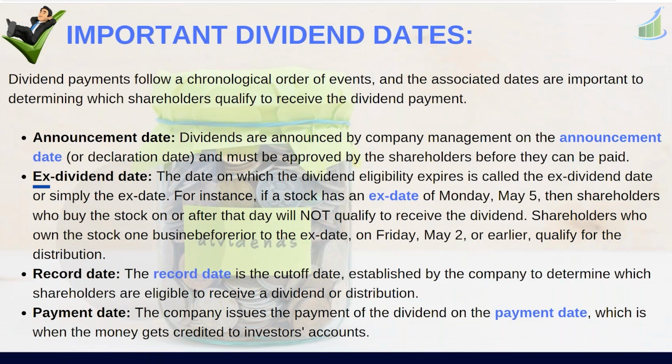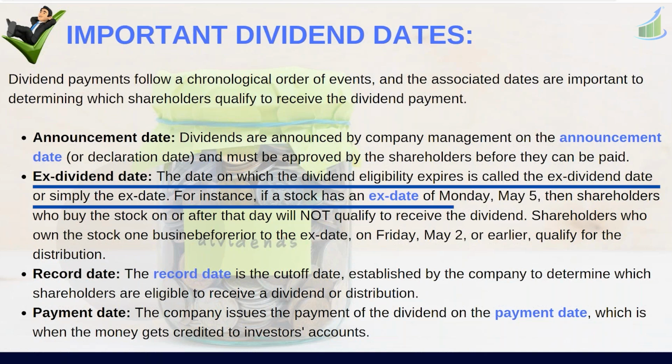Second is the ex-dividend date. The date on which the dividend eligibility expires is called the ex-dividend date, or simply the ex date. For example, if a stock has an ex date of Monday, May 5, then shareholders who buy the stock on or after that day will not qualify to receive the dividend.